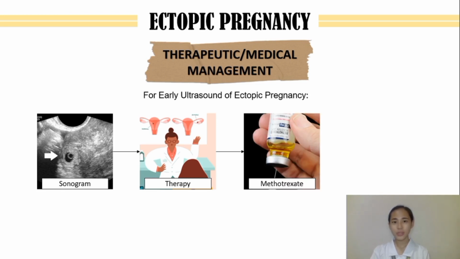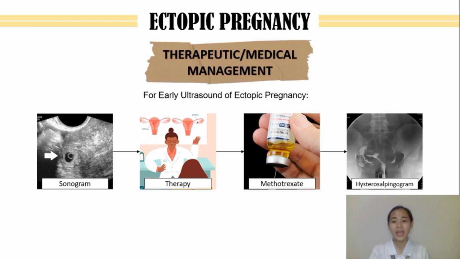The woman is usually medically treated by the intramuscular, or less often, oral administration of methotrexate. Methotrexate is a drug used to stop the cells from growing, thus ending pregnancy.